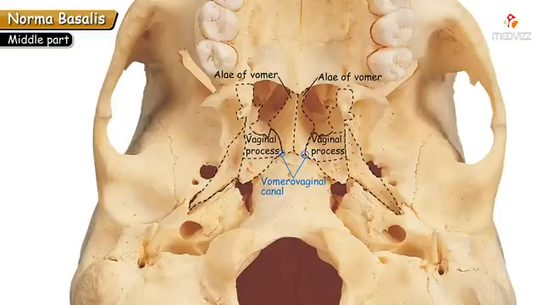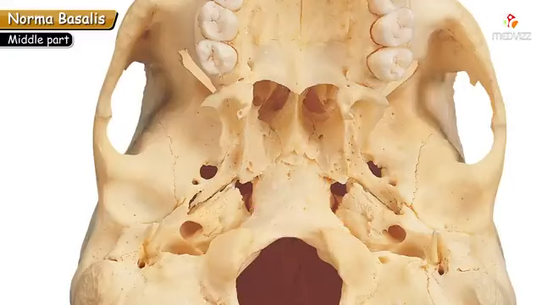So, each ala will articulate with the vaginal process of the medial pterygoid plate. At the site of articulation, we can see this gap, which is termed vomerovaginal canal, and this canal transmits pharyngeal nerve and vessels. So, now we know palatino-vaginal and vomerovaginal canal, which are present in the median area of middle part of Norma basalis. Let's see the other features on the lateral side.